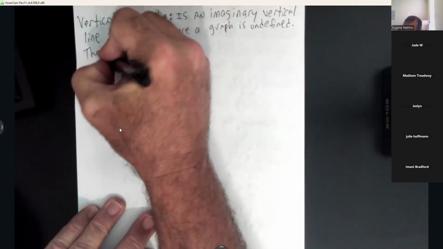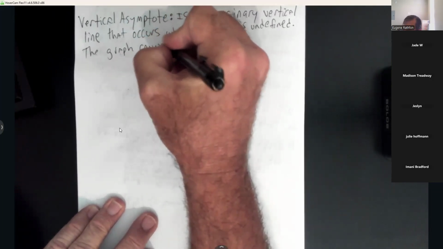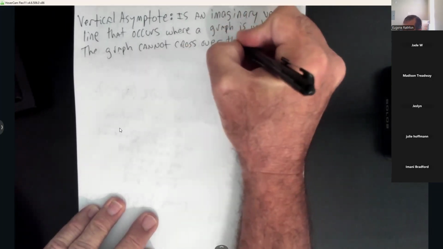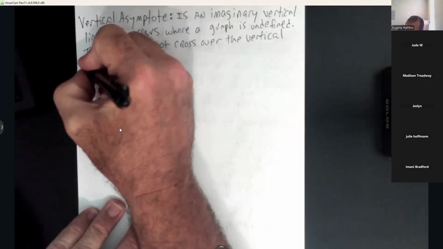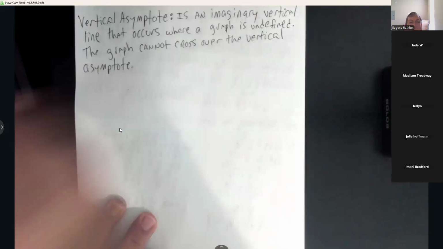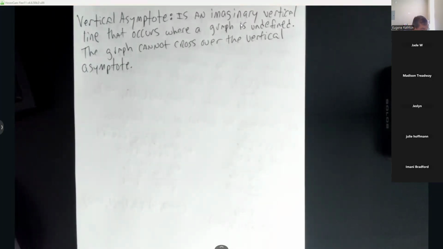The graph cannot cross over the vertical asymptote. That's because it's undefined there. And since it's undefined there, these graphs cannot go over that, okay?